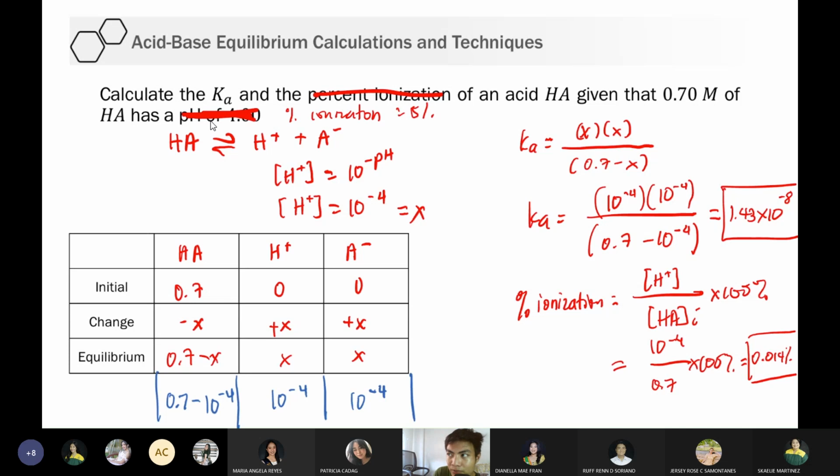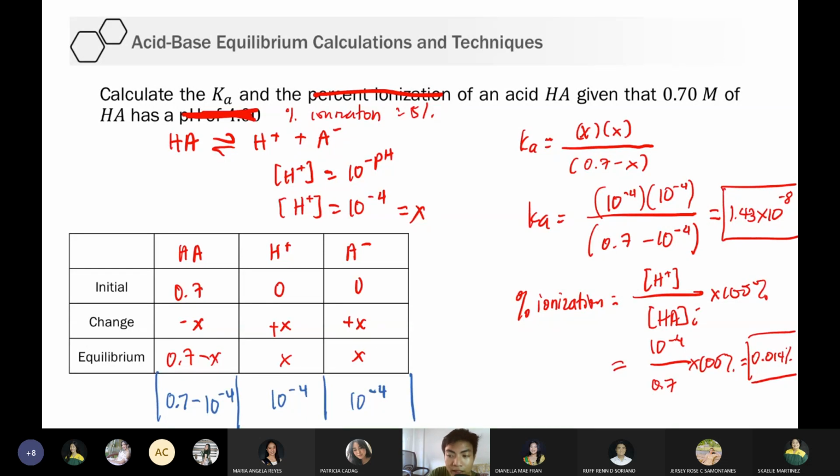So, instead of pH yung binigay, ang binigay sa inyo, percent ionization. So, remember nyo yung formula ng percent ionization, that's H+ over the initial amount of your acid. From this equation, pwede mo makuha yung H+. And that will correspond to your X value. Sa-substitute mo na lang yon doon.